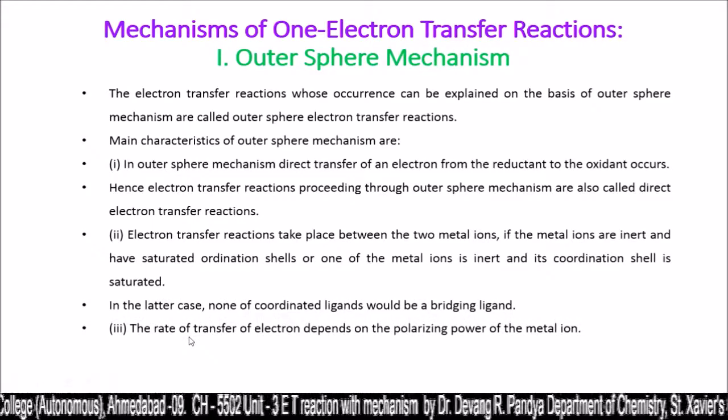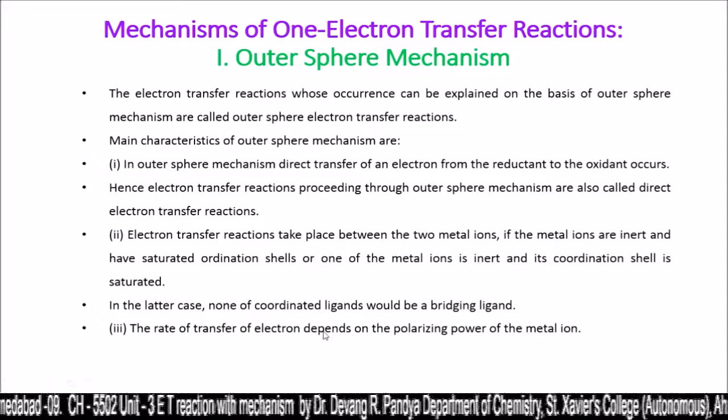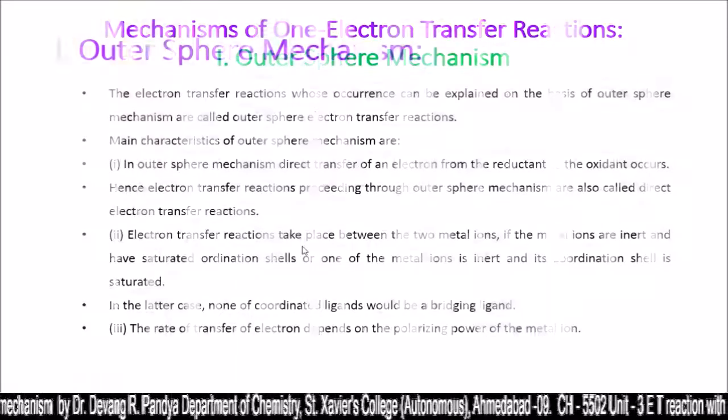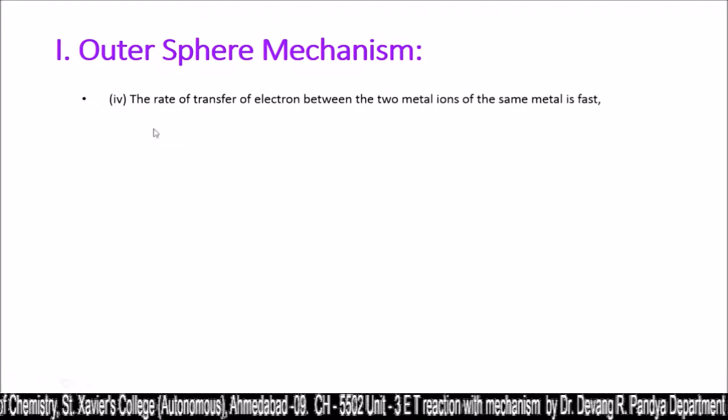Third point, the rate of transfer of electron depends on the polarizing power of the metal ion. The more the polarizing power, the more the rate of electron transfer would be.